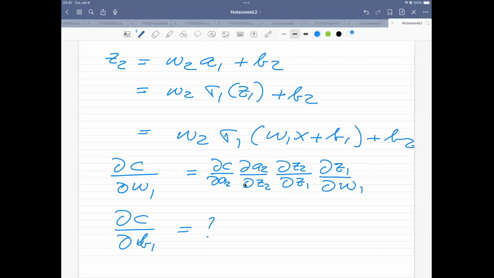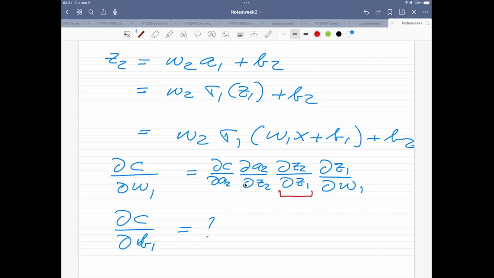And then, with dz1, the final one is the derivative with respect to the parameter w1. Now, the term we have to pay a little bit of attention to is this one here. When I set up the general expression for propagating back, you will see that what we get here also applies to the general case.